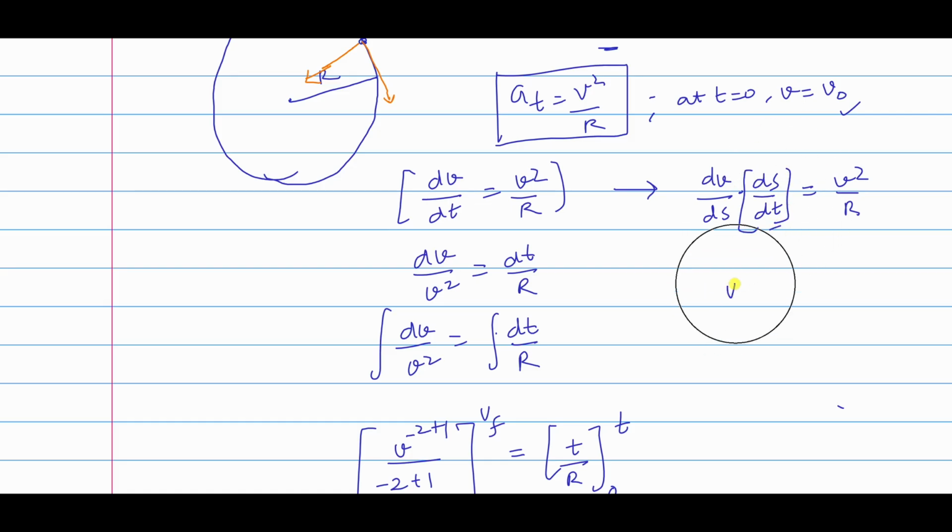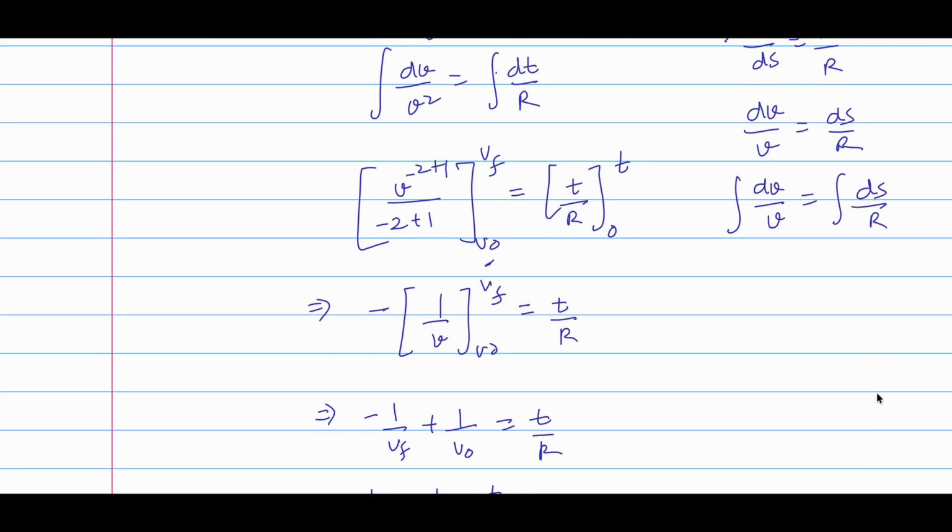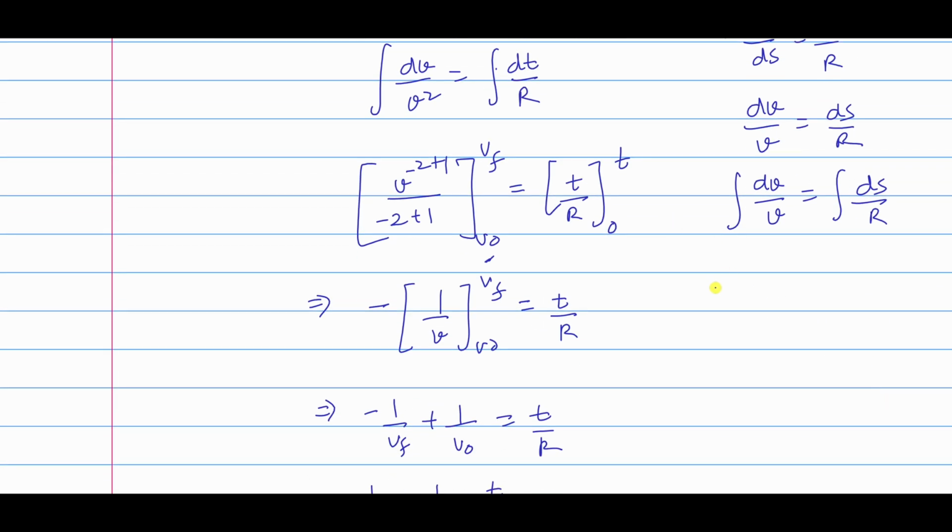So this becomes v dv upon ds is equal to v square upon r. You can cancel one v with another, and you're left with dv upon v is equal to ds upon r.